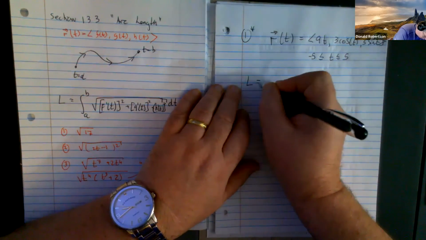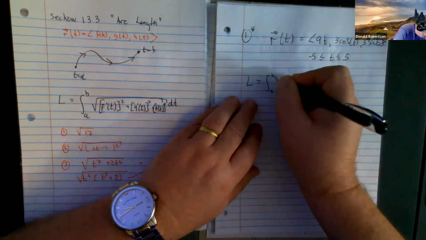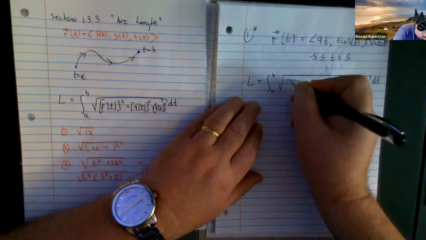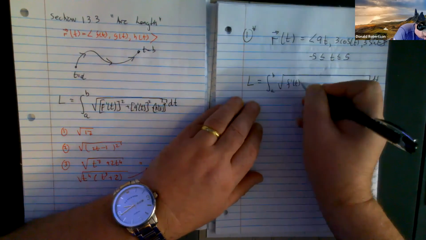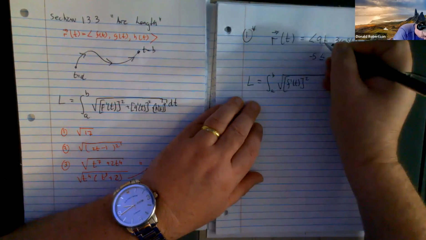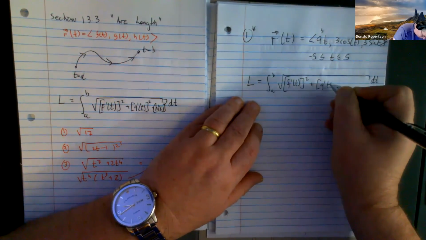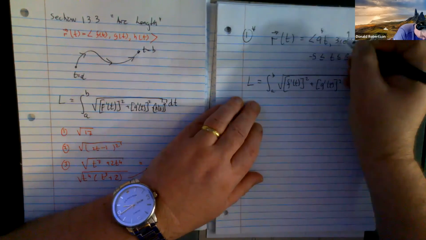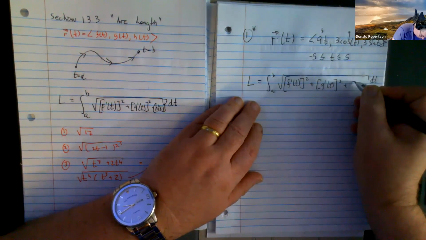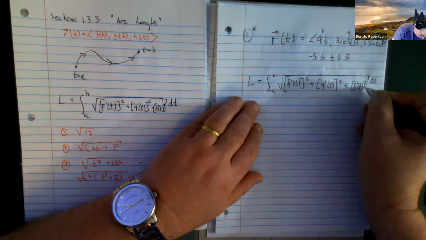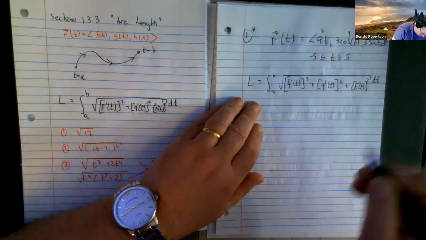So the arc length will be the integral from a to b of the square root of the first component's derivative squared, which is this guy, added to the second component's derivative squared, which is that guy, added to the third one's derivative squared, which is that one.